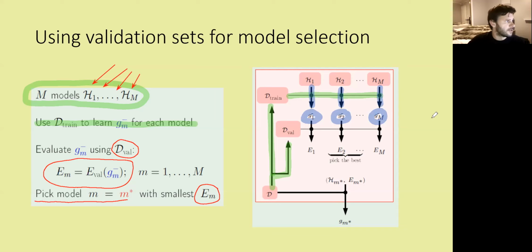We run that algorithm that solves cost minimization. We get the optimal parameters for every single one of these possible hypotheses. Then we are going to assess each of those optimal hypotheses against the validation set. And that will generate for us these out of sample error measures.